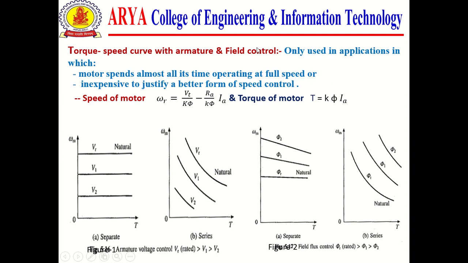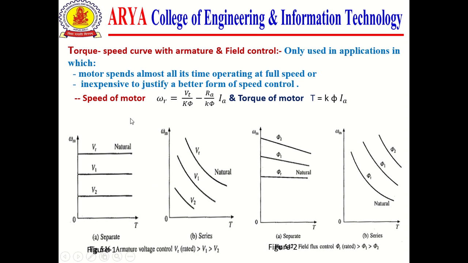So it is only used in applications in which the motor spends almost all its time operating at full speed, and is inexpensive, so it is hard to justify a better form of speed control in such DC motors.